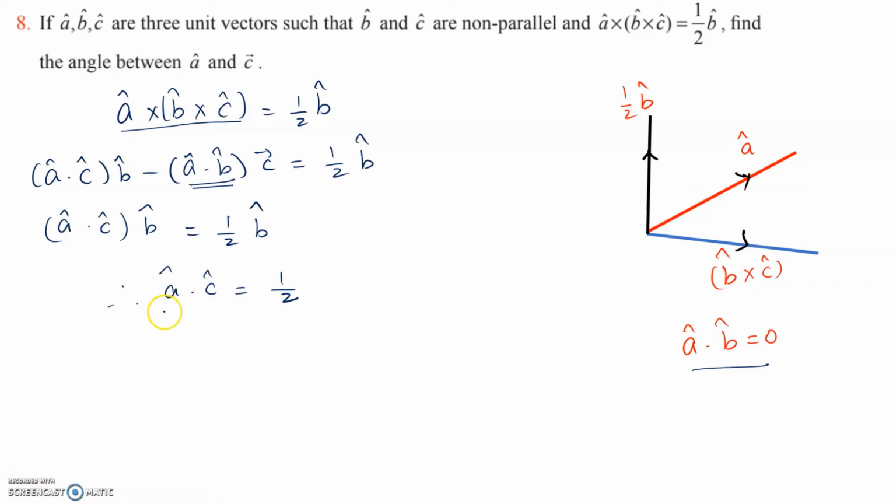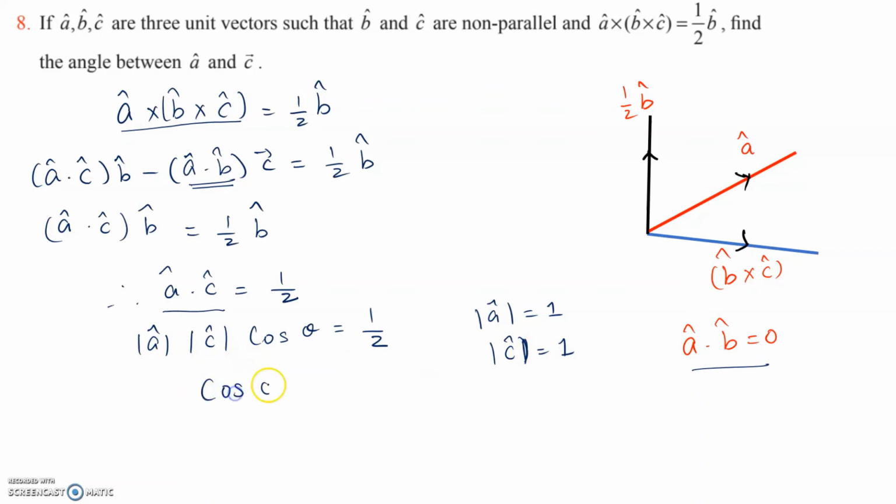We also know that this can be written as magnitude of A into magnitude of C cos theta, which is equal to 1 by 2. Since our magnitude of A is equal to 1, they are unit vectors, and magnitude of C is equal to 1, we get cos theta is equal to 1 by 2.